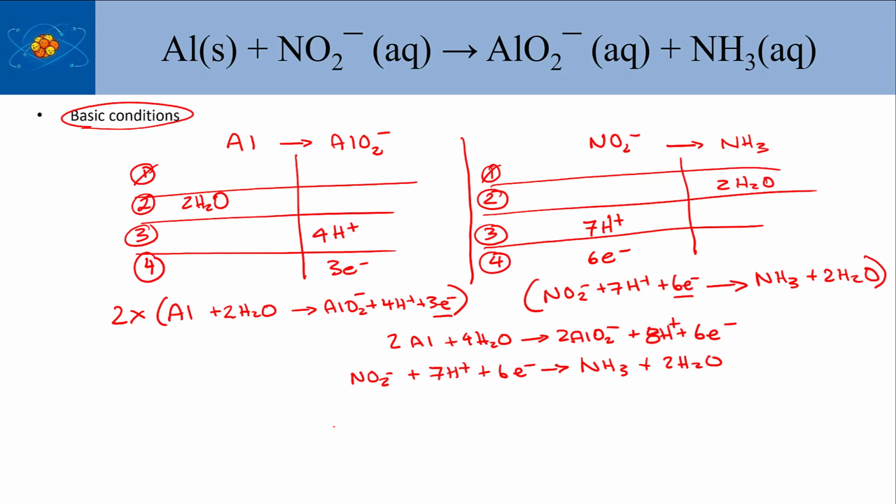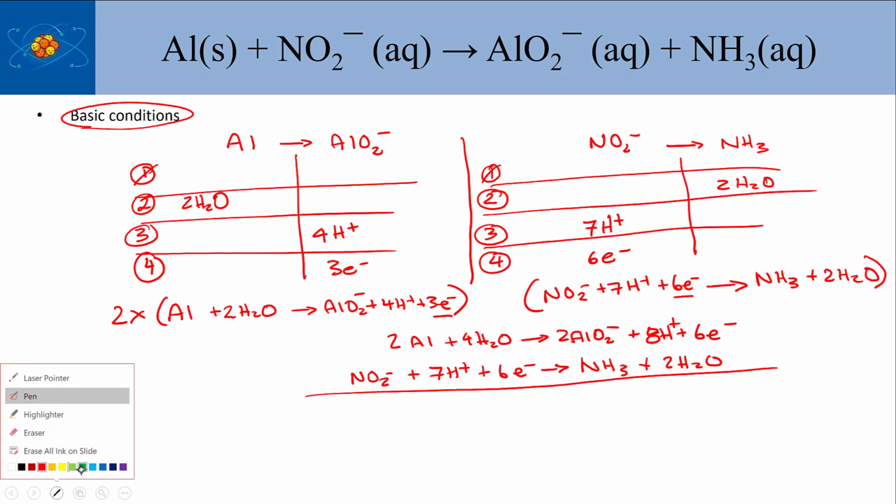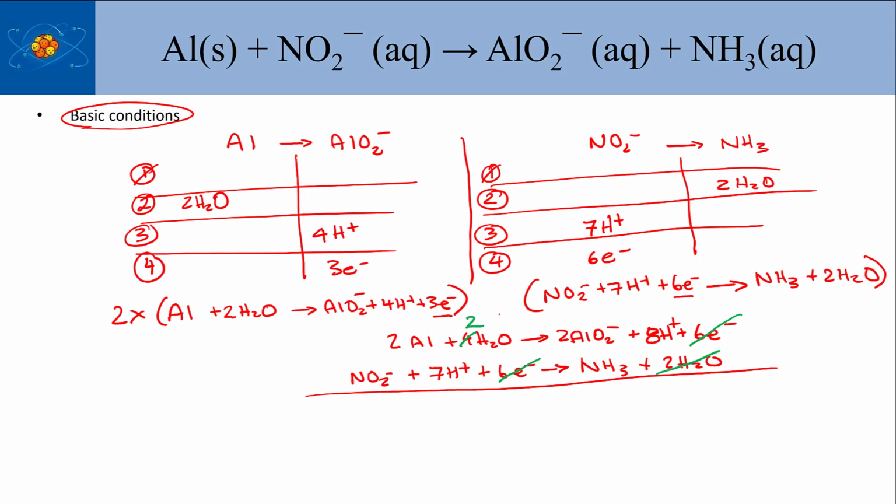So we're going to rewrite the reaction by adding it together, but before we do that, we'll cancel some stuff out. So the 6 electrons go away. And by the way, if your electrons don't cancel, remember you set it up for the electrons to cancel, so you should go back and look at what you did. I'll put a 2 here, and I'll get rid of that and put a 1 here.